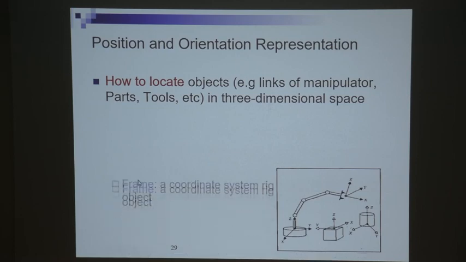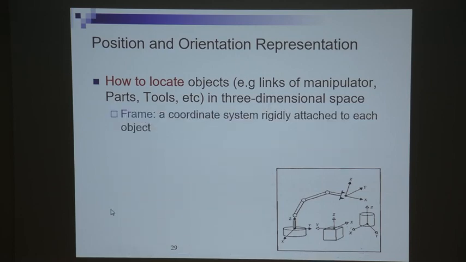What happens here is you need to establish something called a frame. A frame is essentially a coordinate system rigidly attached to each object. So this is the object that you are going to manipulate. This is a cylinder. You attach a coordinate system to it, and this is known as a frame.